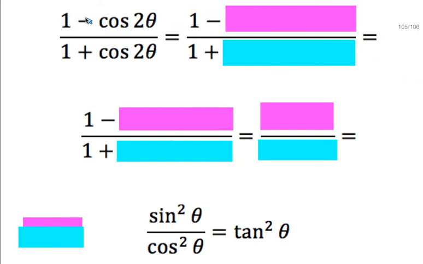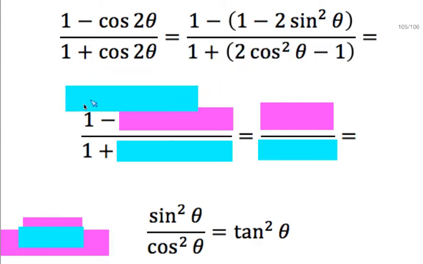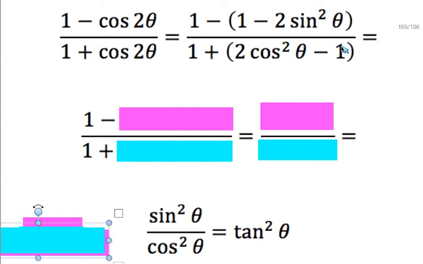So your 1 minus is going to stay the same, and the 1 plus is going to stay the same. In the numerator, you're doing 1 minus (1 minus 2 times sine squared theta), and then down here it's 1 plus (2 cosine squared theta minus 1). Notice the parentheses. There's a reason why we put those around there, because you have a minus sign out here.